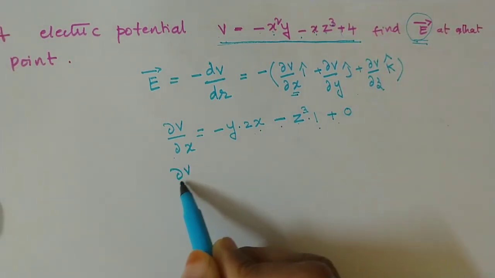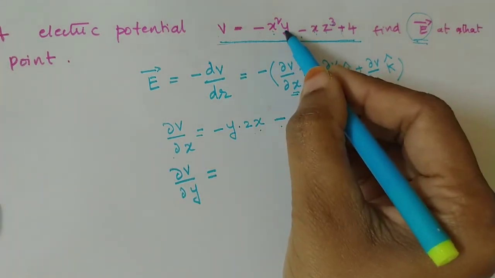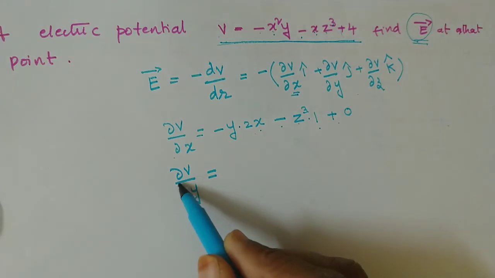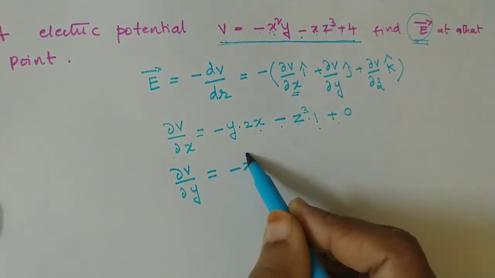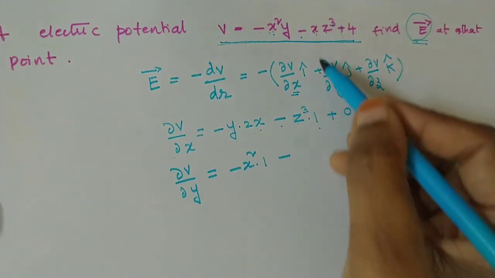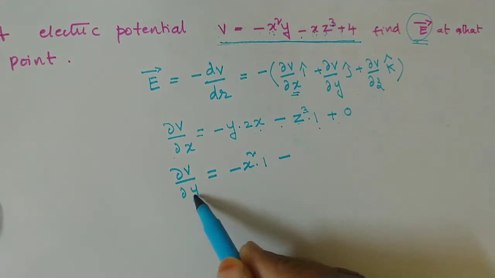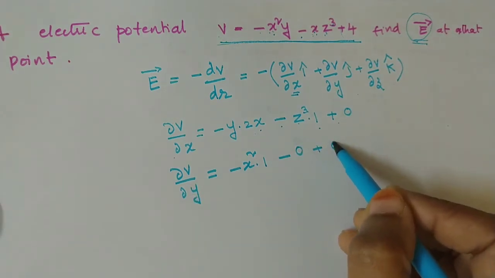Similarly, let's find dou v by dou y. This time we are differentiating with respect to y. x square is constant, minus x square, differential of y is 1, minus x and z are constants because we are differentiating with respect to y, 0 plus 0.